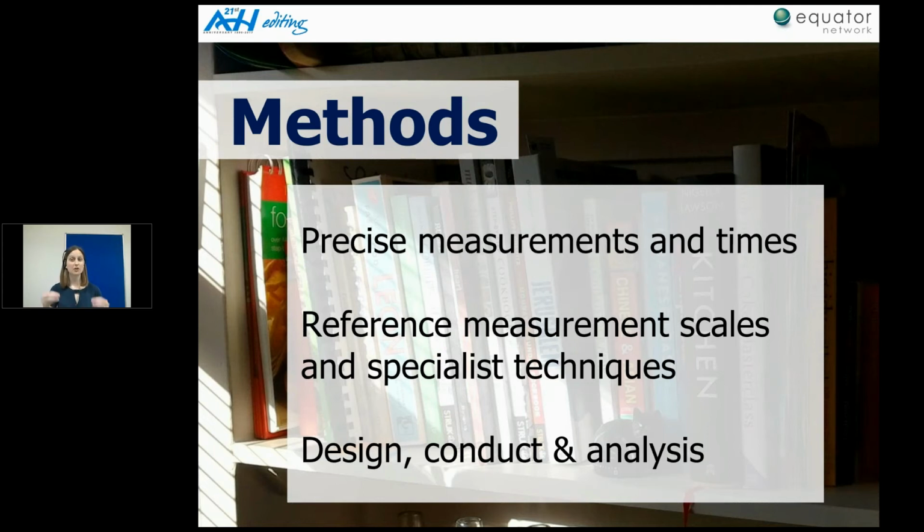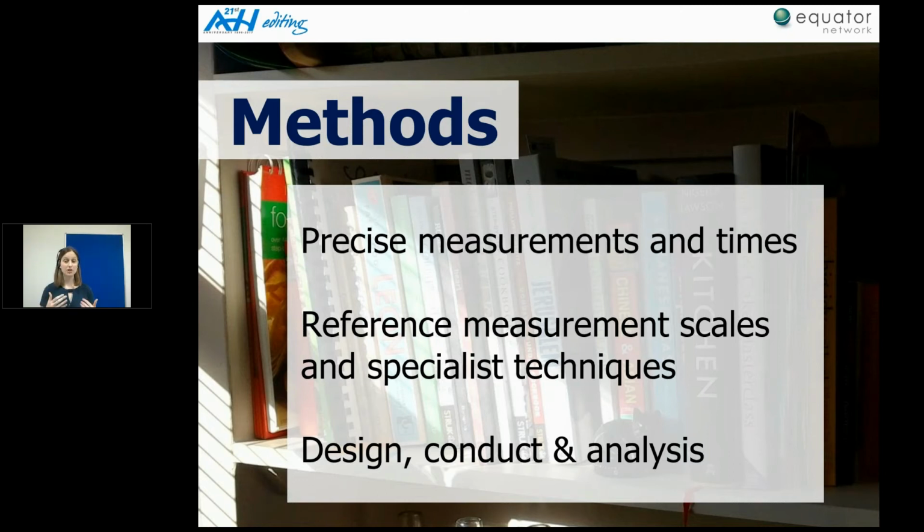If you're doing something really specific, like you found if you don't stir the solution counterclockwise at full moon at midnight, then it doesn't work. Well, I'm not going to know that unless you tell me, so you better tell me. So it's that level of information. And you want to make sure you do that level of information at all stages: design, conduct, and analysis.